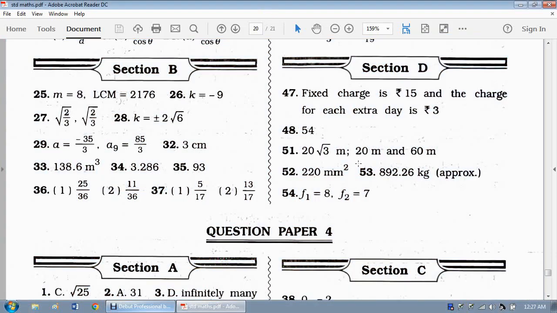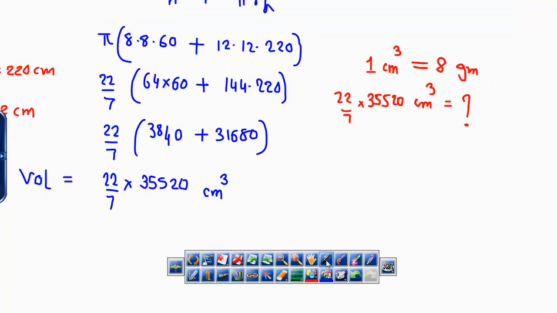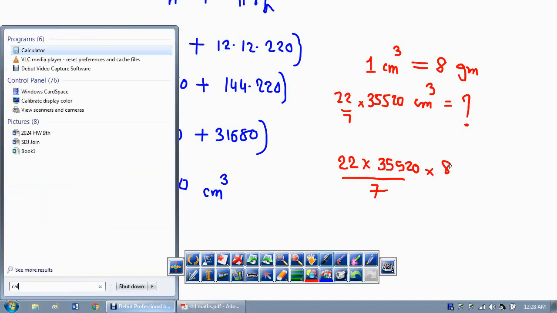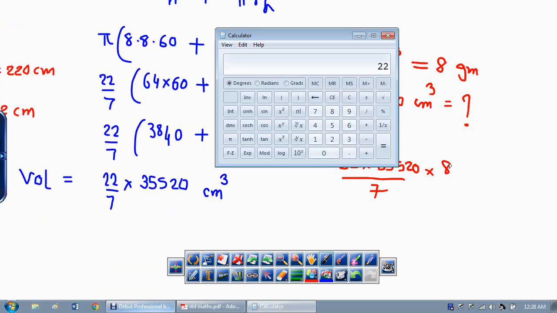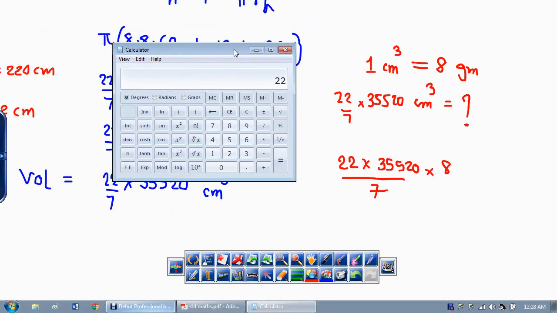Answer, you see, the answer is a very very odd number because there is nothing cancelable. So 22 into 35520 upon 7 multiplied by 8. Better is to by heart this answer क्योंकि ये टेक्स्ट बुक का सम है, वरना कैलकुलेशन करते करते टाइम ख़त्म हो जाएगा.